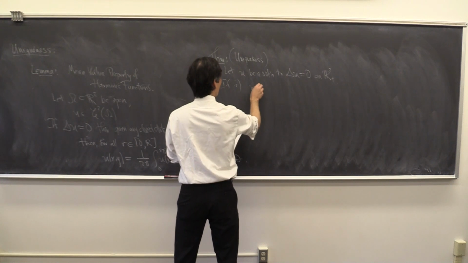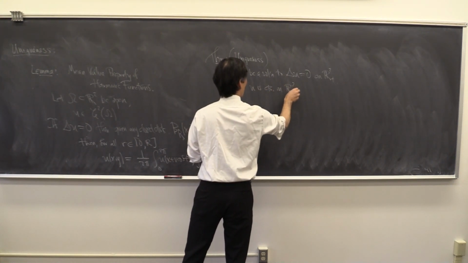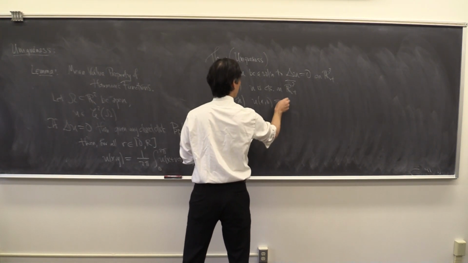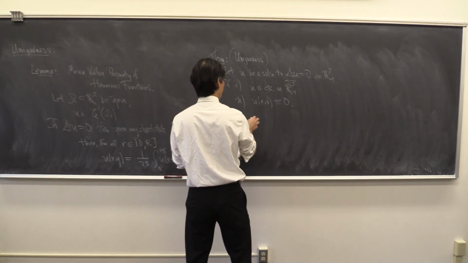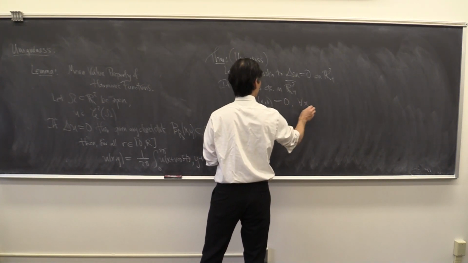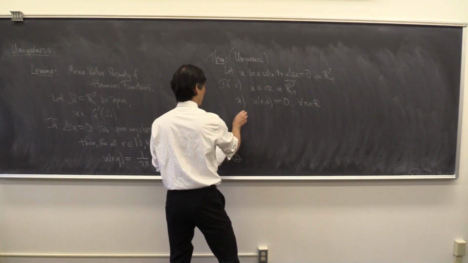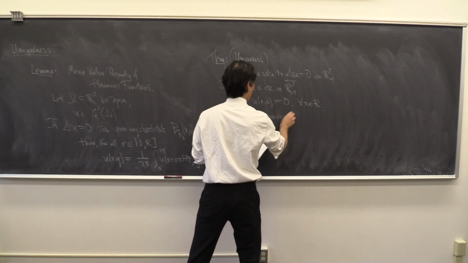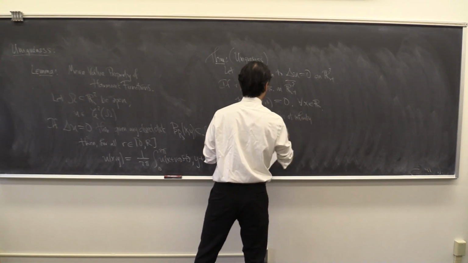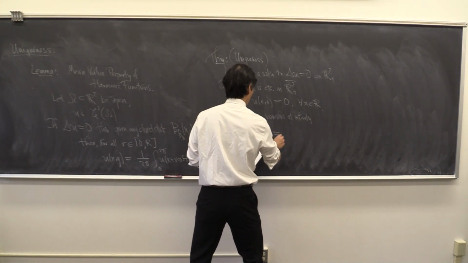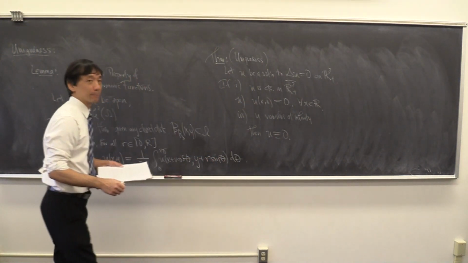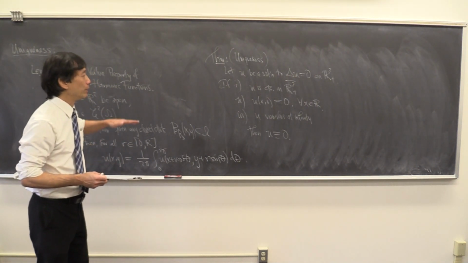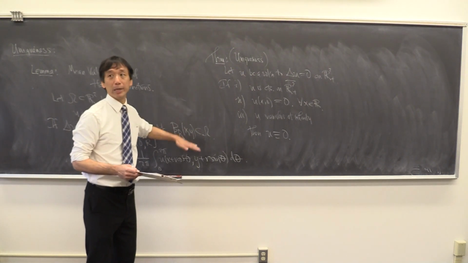If U is continuous on the closed upper half plane, if U on the boundary is 0, and U vanishes at infinity, then U must be the 0 function. So if you have two guys that agree on the boundary, then they must agree everywhere.